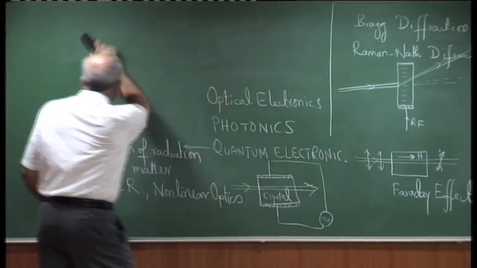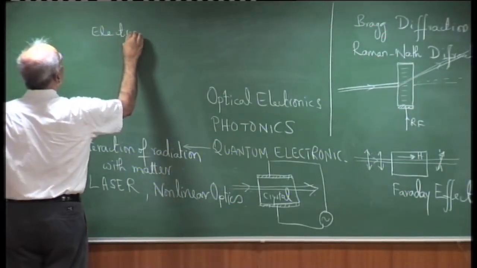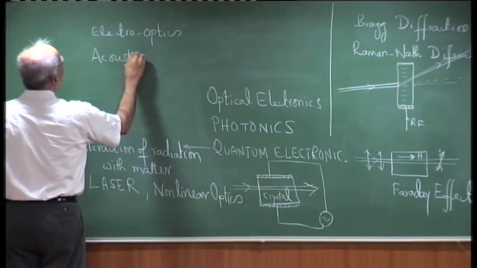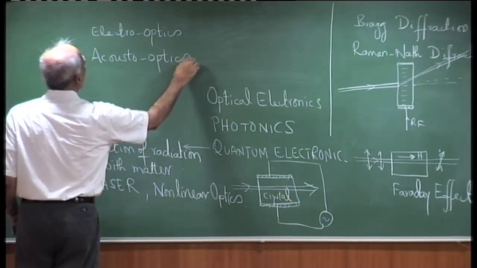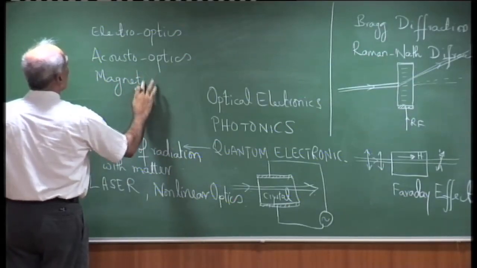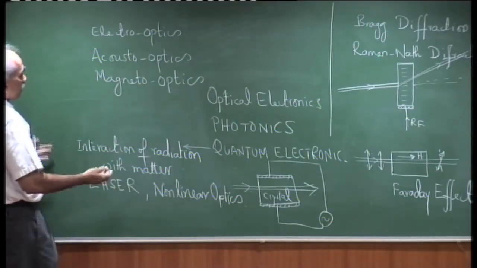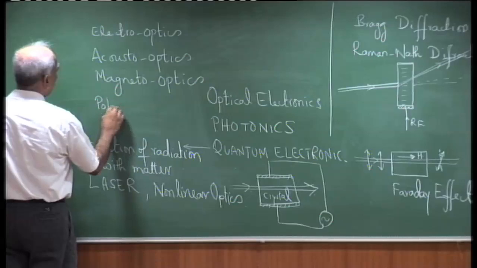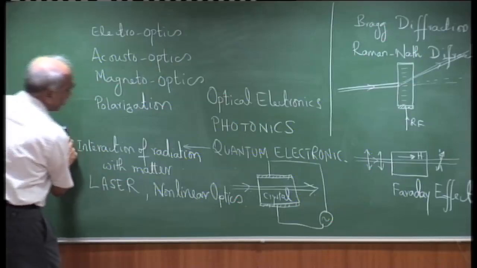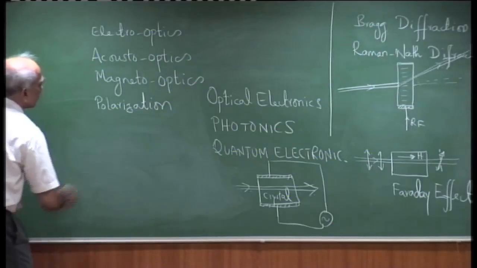In the 19th century and in the early 20th century, we had electro-optics, acousto-optics, magneto-optics, optics itself, polarization, and quantum electronics, which included lasers and nonlinear optics.